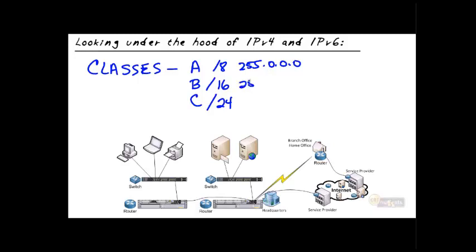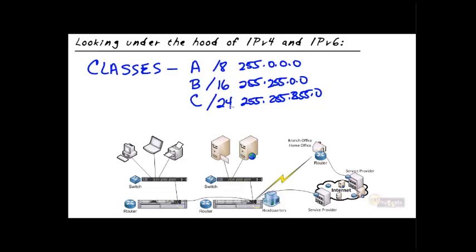This would be 255. What? How do we represent 8 more bits that are all on for a mask? 255, you got it. Good job. And a class C is 255.255.255.0. So just because a mask is a /8 or a /16 or a /24 doesn't mean it's a class A, B, or C address.